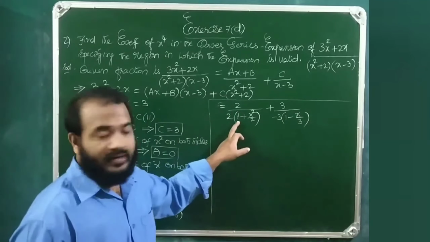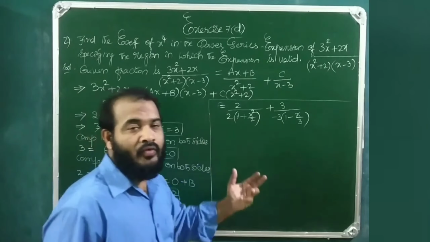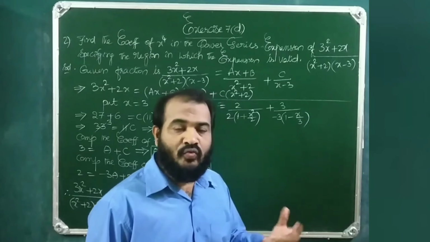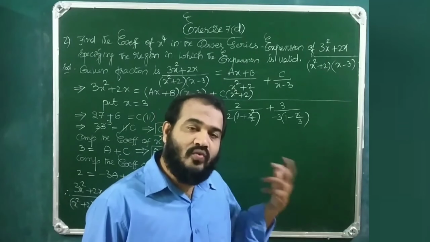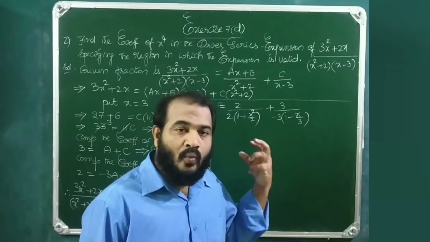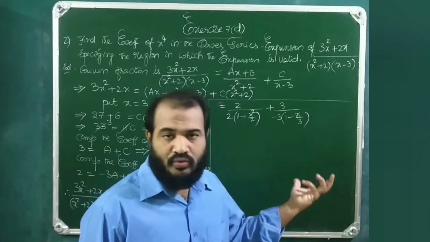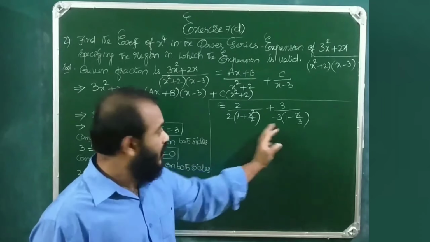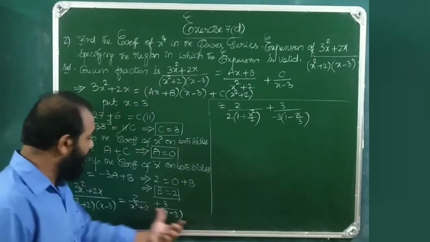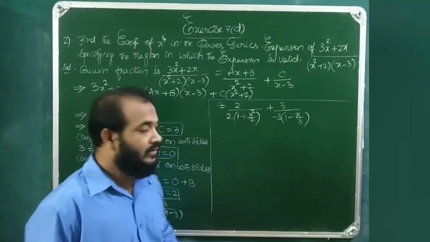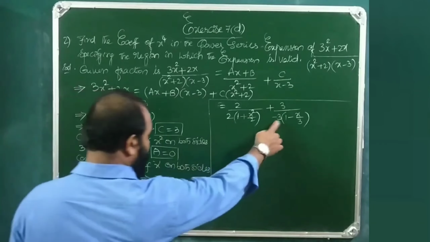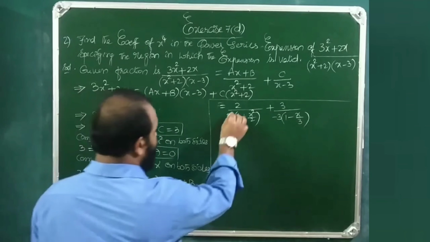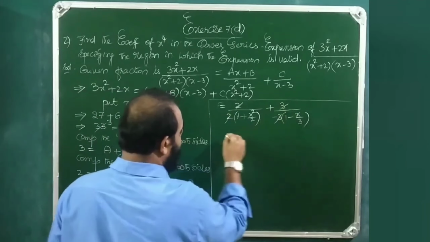So we want 1 here because we have 1 minus x whole power minus 1, 1 plus x whole power minus 1, 1 minus x whole square whole power minus 2, 1 plus x whole power minus 2, etc. So in every expansion 1 is there. Therefore we have converted these two into 1 plus. So this is minus 3, minus into minus plus 3 gets cancelled, plus x. So 2 gets cancelled, 3 gets cancelled.